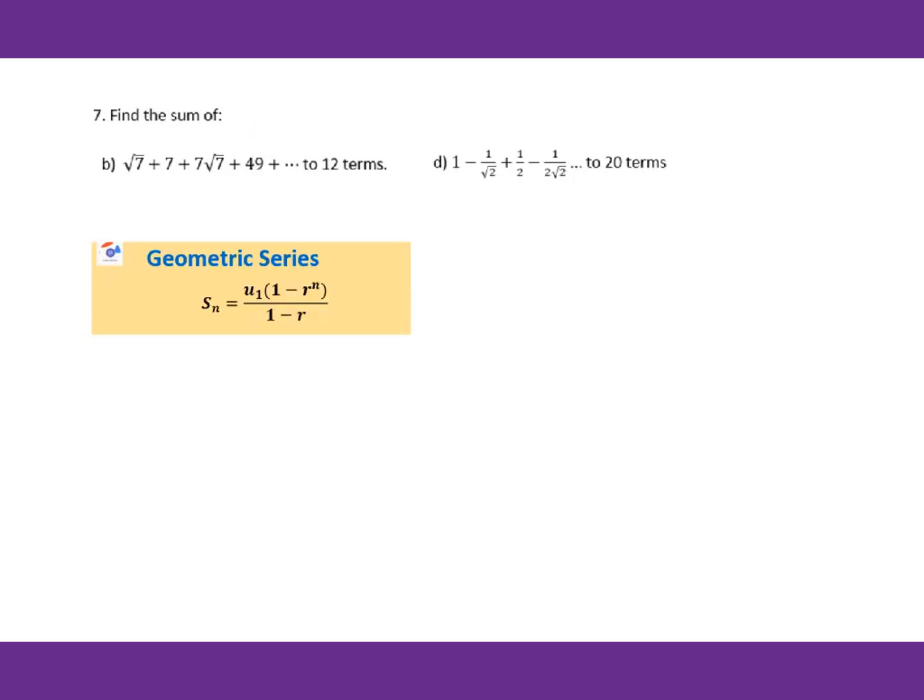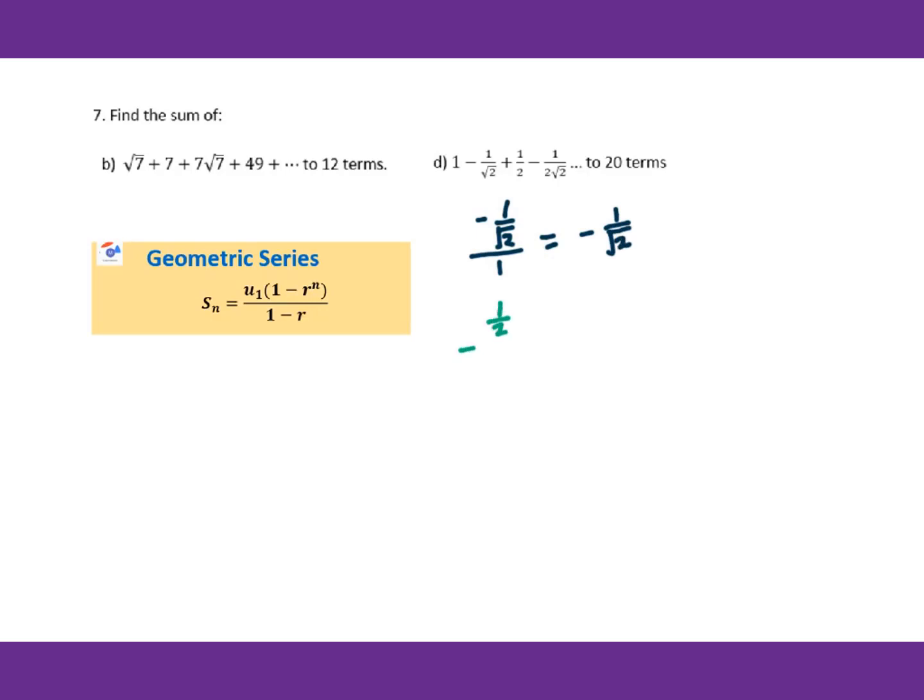Now let's go to D. Still, we need to decide whether this is a geometric sequence. Any term divided by the previous term: negative 1 over square root of 2 divided by 1 equals negative 1 over square root of 2.